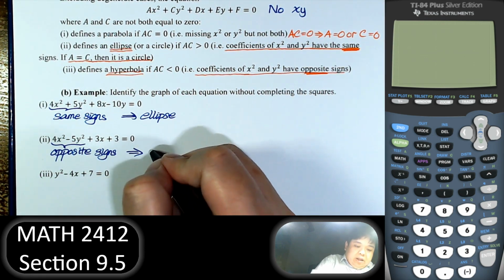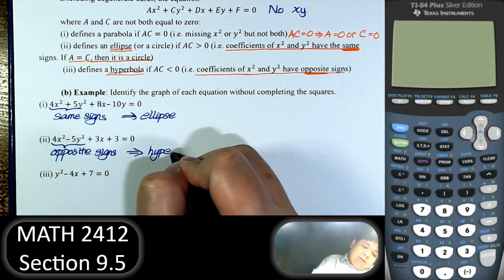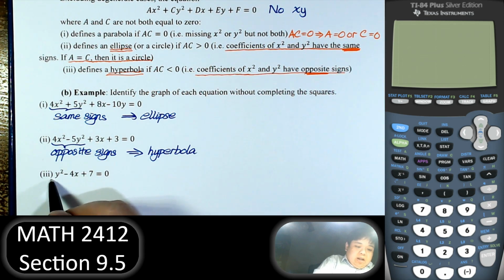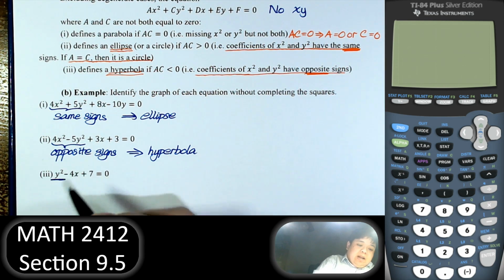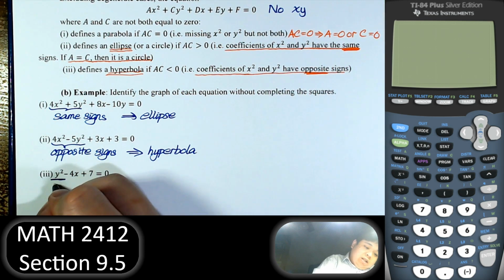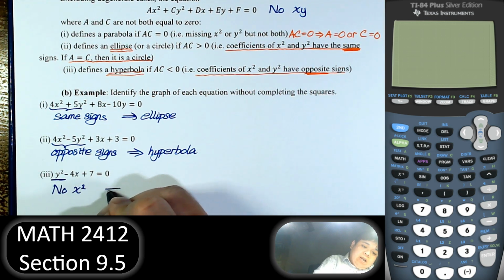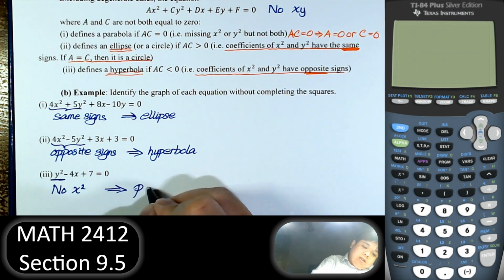That will be a hyperbola. And here, when we look at this, we don't have x squared, right? So there's no x squared. If we only have either x squared or y squared, that's going to be a parabola.